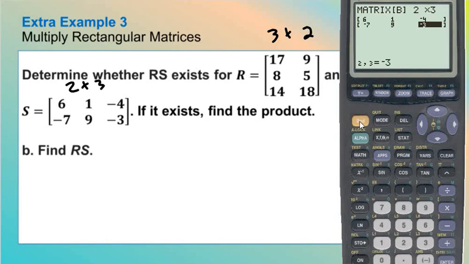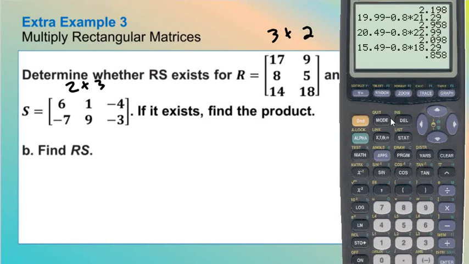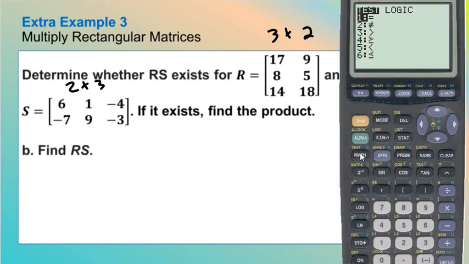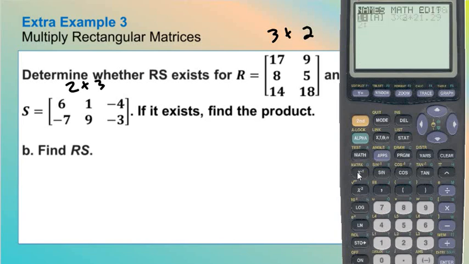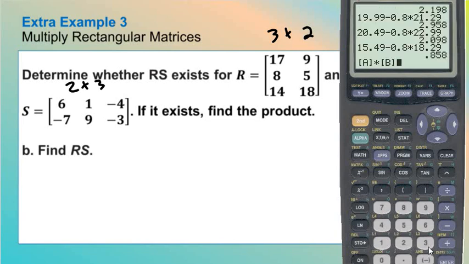There you go. Second mode, so get out of it. Now we go back in. Second matrix, we're going to choose A, choose times. Second matrix, we're going to choose number 2 or B.